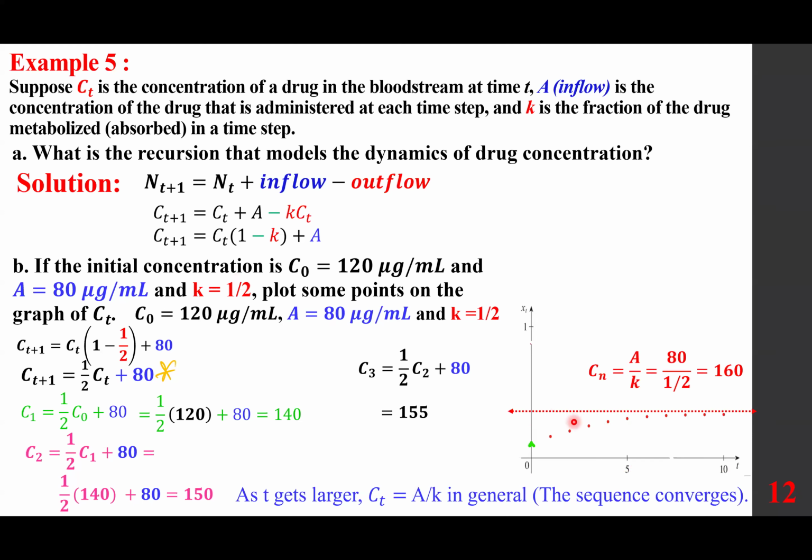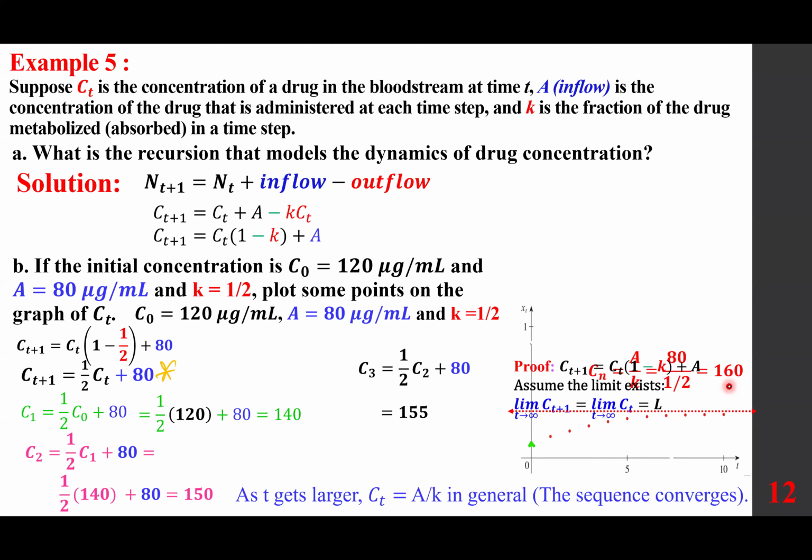So this limit, this horizontal line, C sub n is A over K, 80 over 1/2, and it's y equals 160. I'm going to go over the proof of that. For now, you don't have to worry about it, but what is so important about this? According to what they have calculated based on many factors, including the weight of the patient, they have noticed this amount is safe. It will never go beyond 160, and it's safe for the patients.